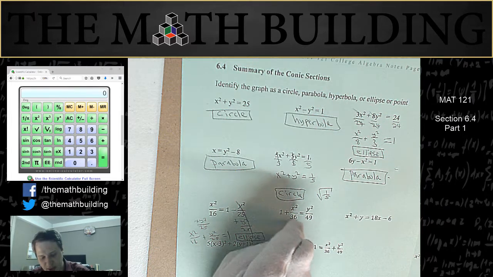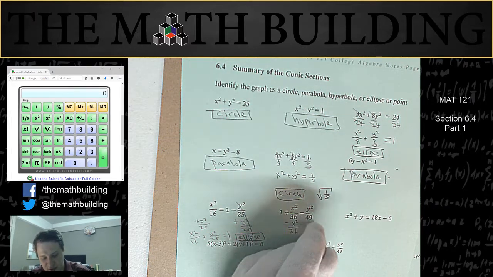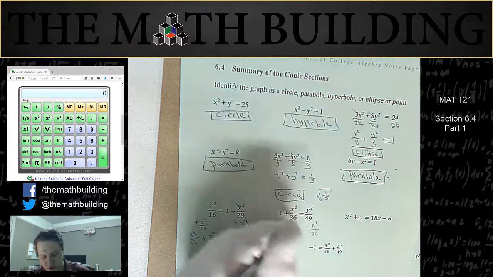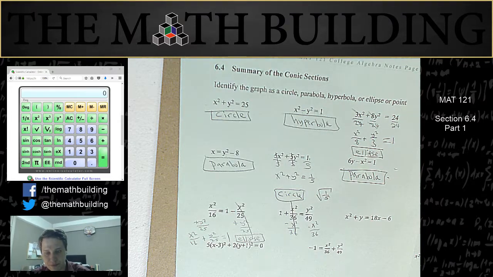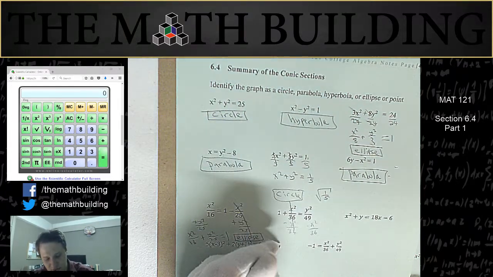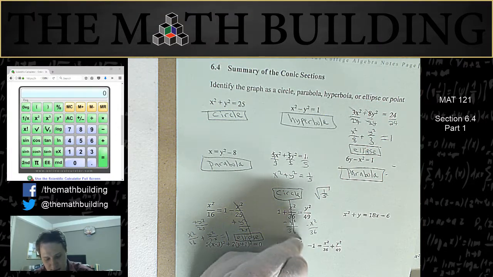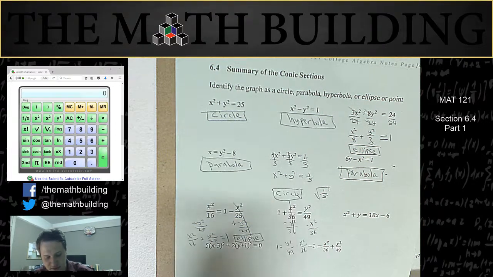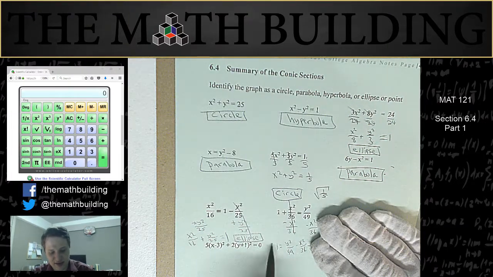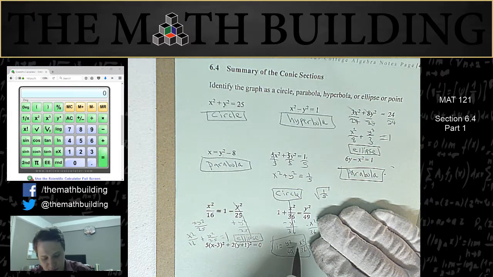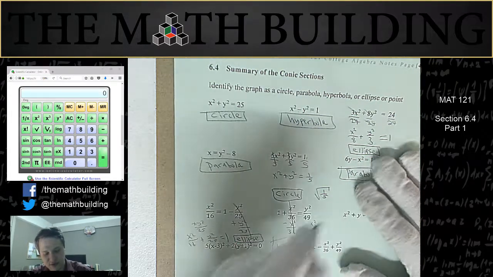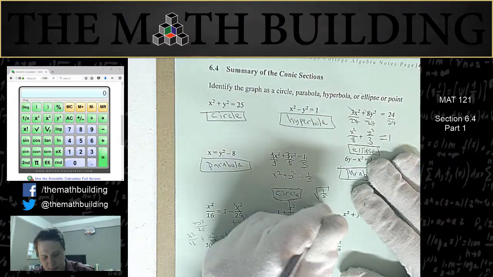So let's subtract x squared over 36. And that, when we do that, is going to equal 1 minus y squared over 49 minus x squared over 36. And you can see that that right there is the graph of a hyperbola because of the minus. So this one would be a hyperbola.